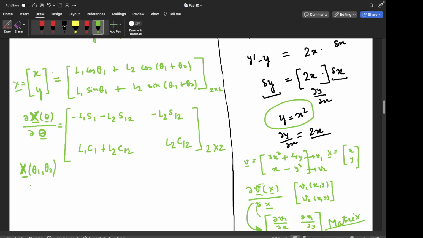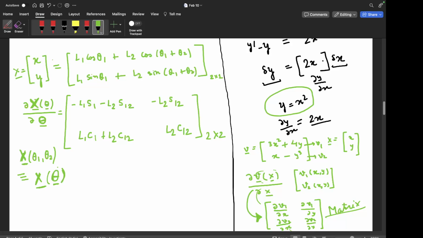Since I have defined a vector for theta 1 and theta 2 also, this is the same as writing vector x as a function of vector theta. Just for writing it more compactly, that's the notation used here.